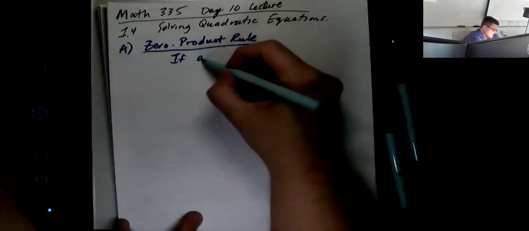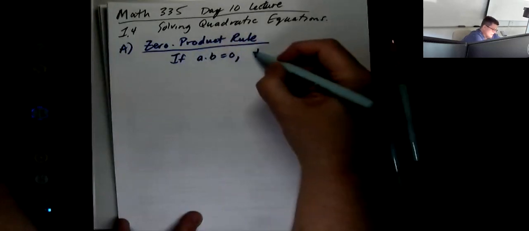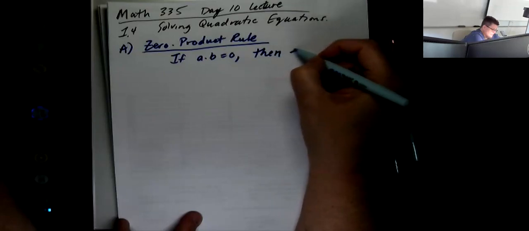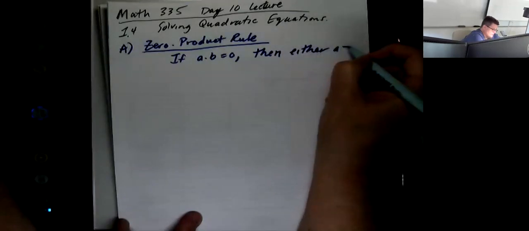If A times B equals 0, then either A equals 0 or B equals 0.